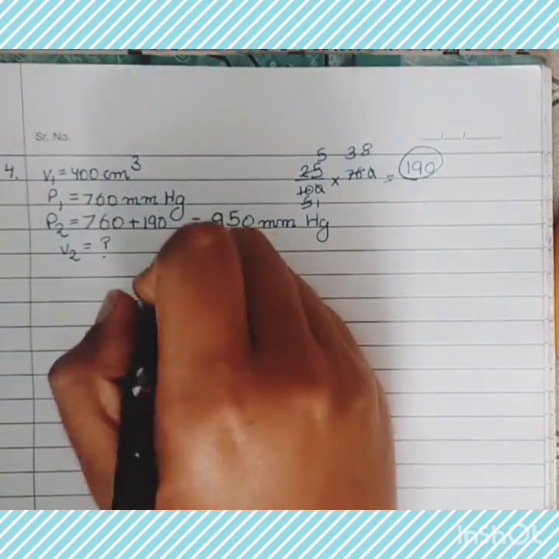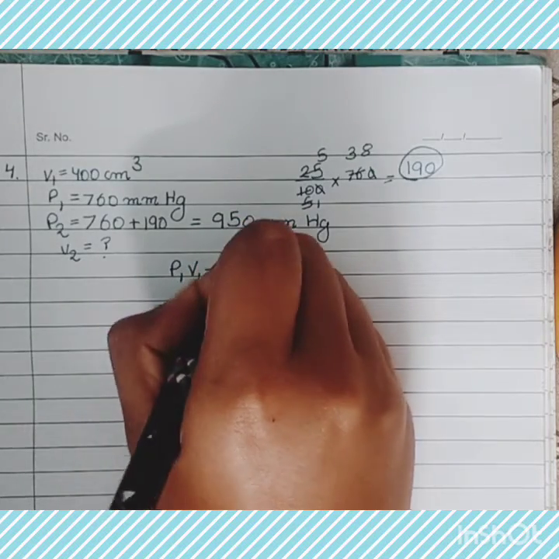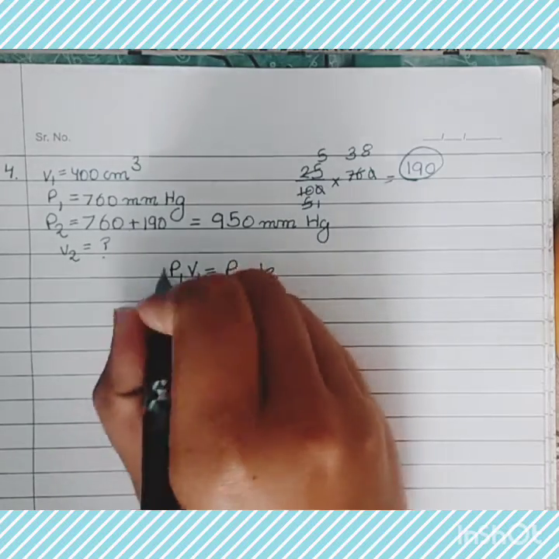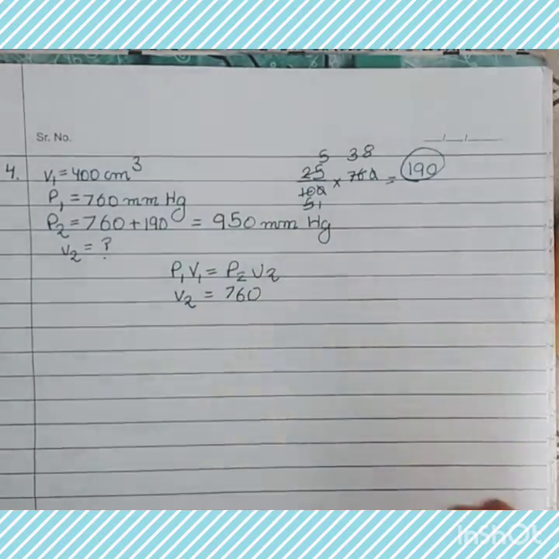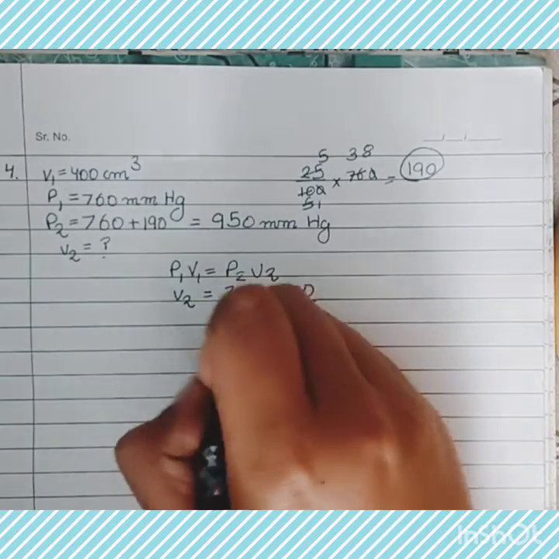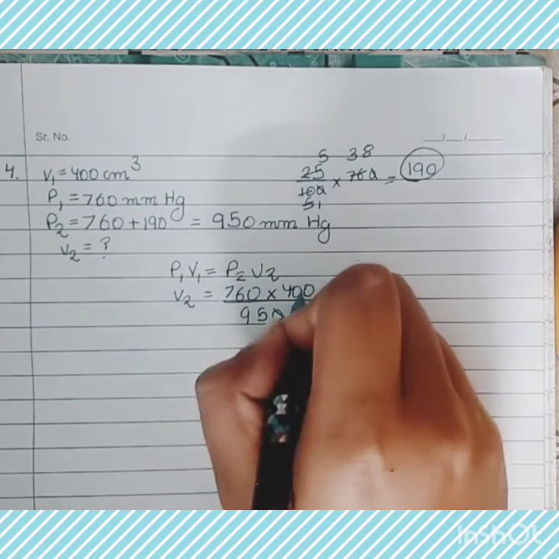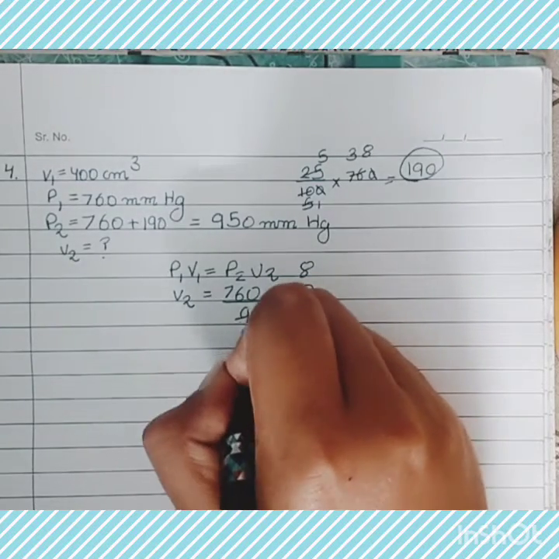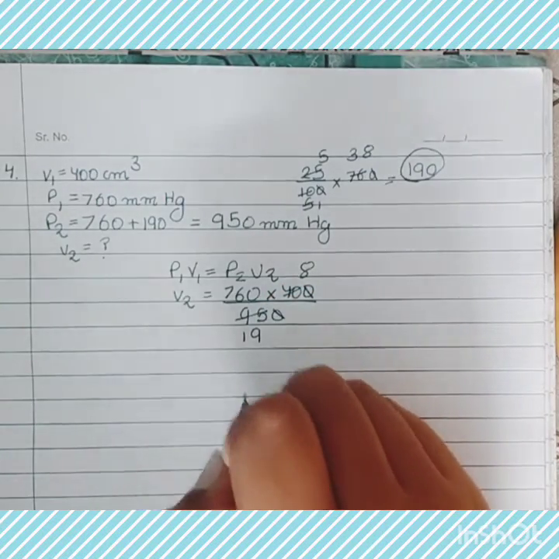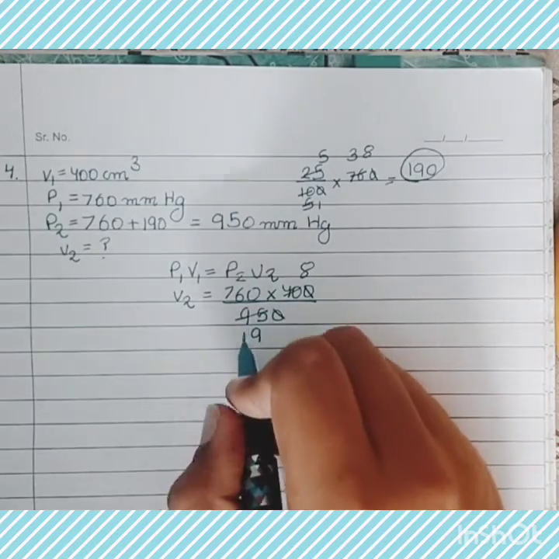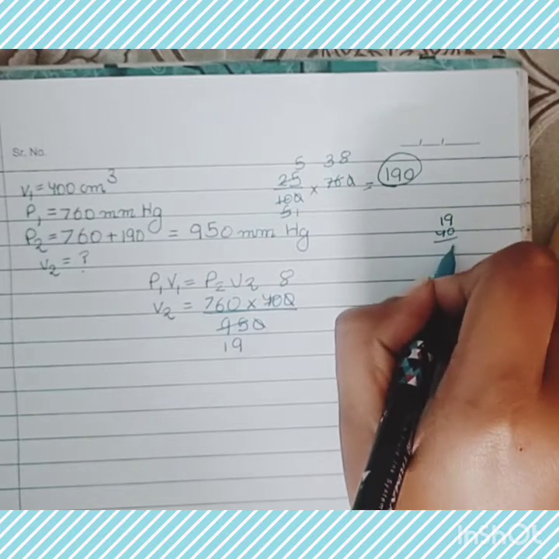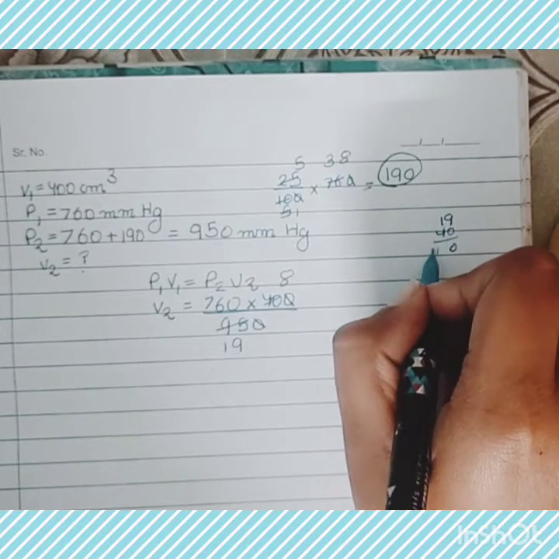Now, according to Boyle's law, P1 V1 equals P2 V2. V2 we don't know, so V2 equals P1 760 into 400, which is V1, upon 950. 0 0 cancel. 19 and then 4, this will cut, 19 40s are 760.